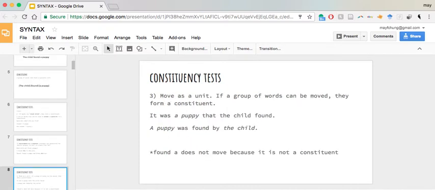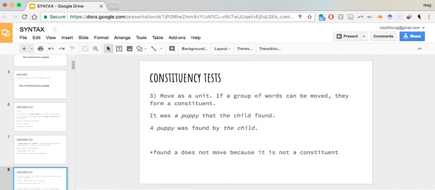And then the third constituency test would be whether or not they move as a unit. So if the group of words can be moved, then they form a constituent. So take, a child found a puppy. You can also see, okay, I'm not really sure if a puppy should go by itself. You can move a puppy to the beginning of your sentence.